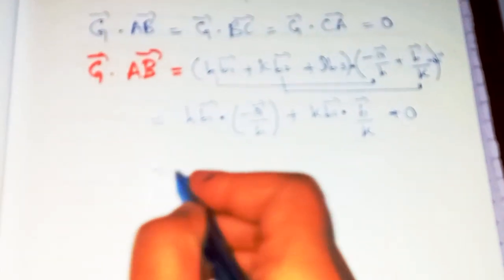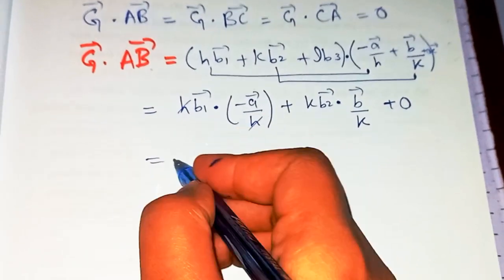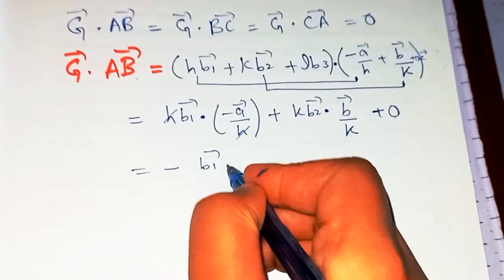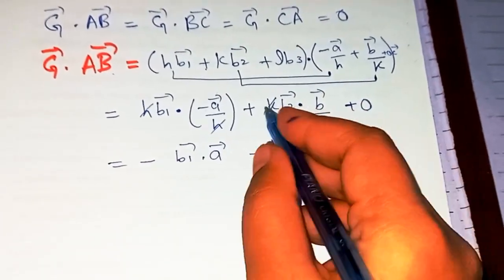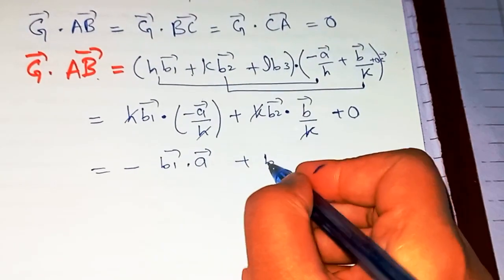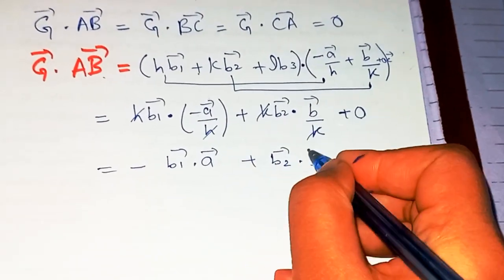All right, let's simplify here. h and h cancel out and it's negative here. b1 vector dot a vector plus, k and k cancel out since they are similar, b2 dot b vector.